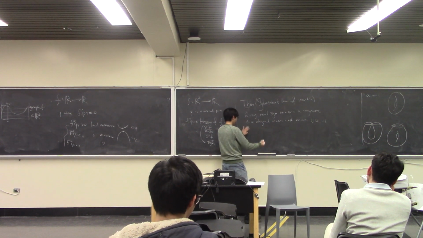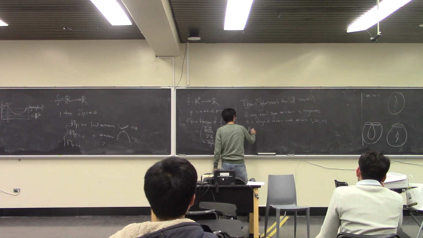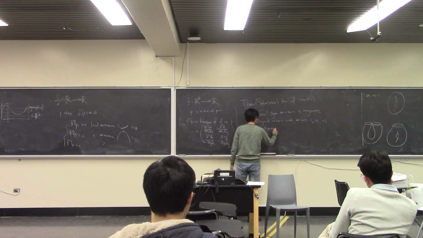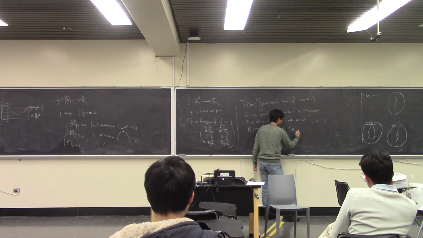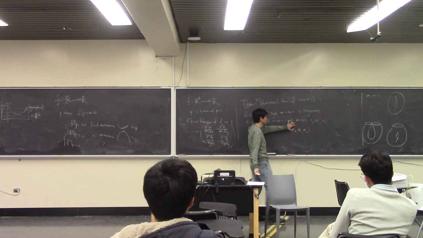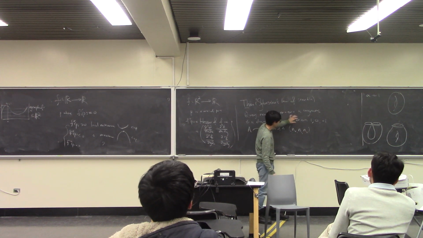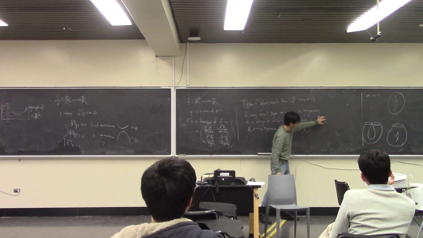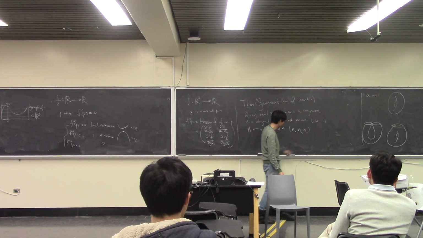And we will make a definition: if A is a real symmetric matrix, we define the signature of A to be the triple (n plus, n minus, n zero). n plus is just the number of ones that occur in this diagonal matrix, n minus is just the number of minus ones that occur in this diagonal matrix, and n zero is of course the number of zeros.